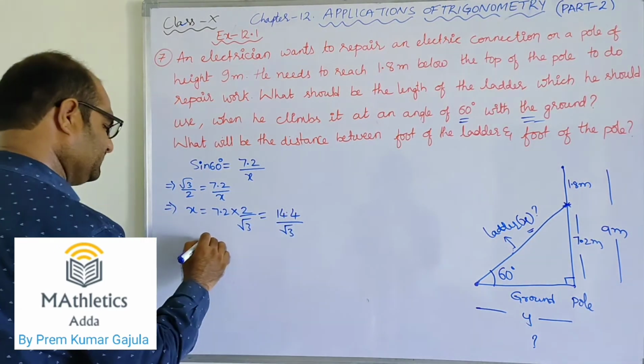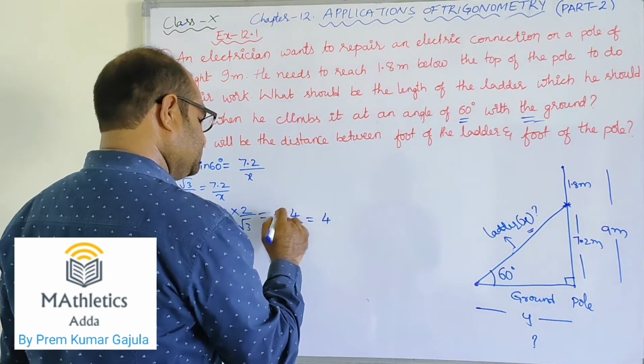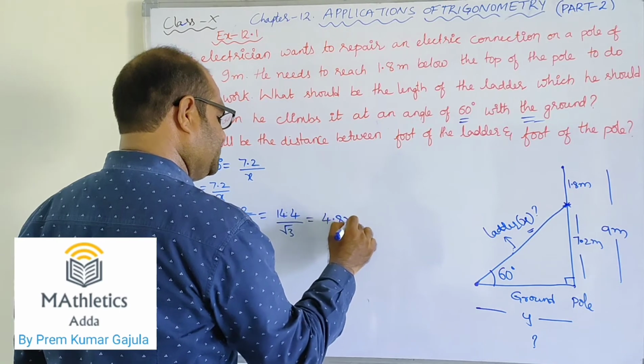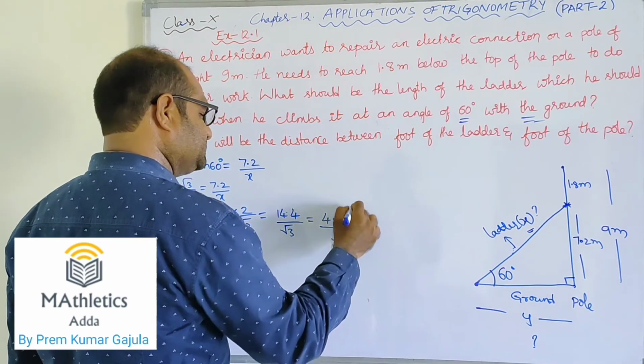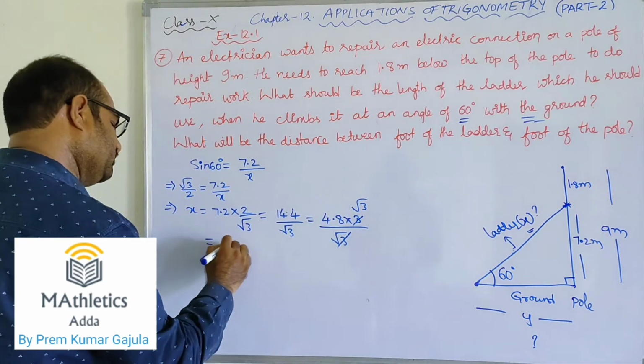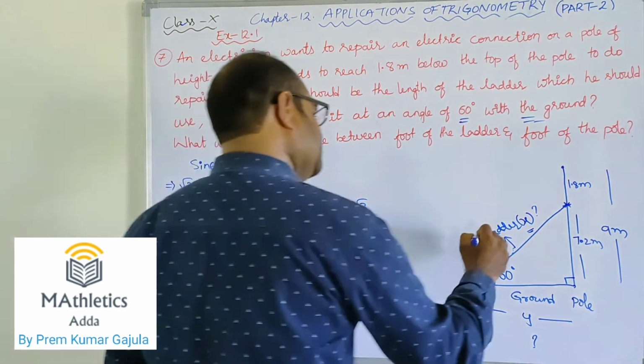This 14.4 we can write as 4.8 into 3. So if you cancel, you will get 4.8 root 3 meter is the length of the ladder.